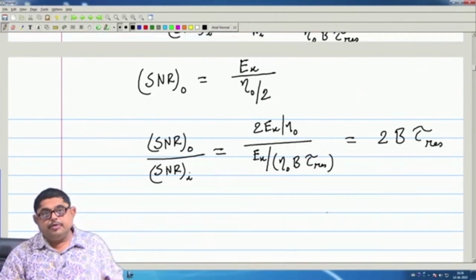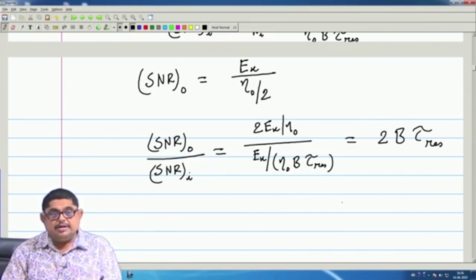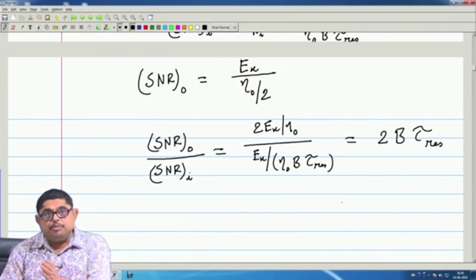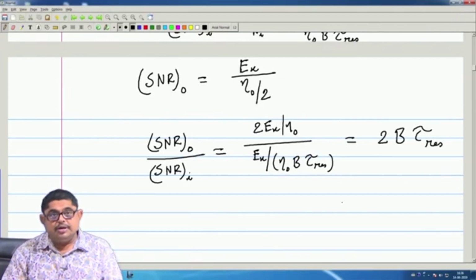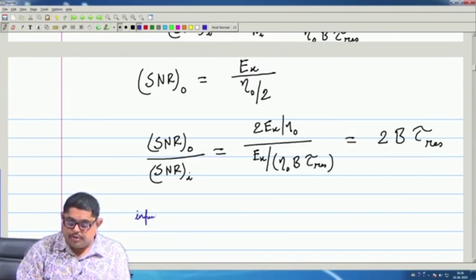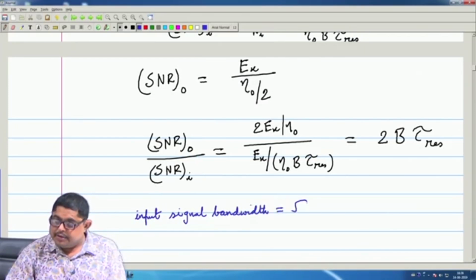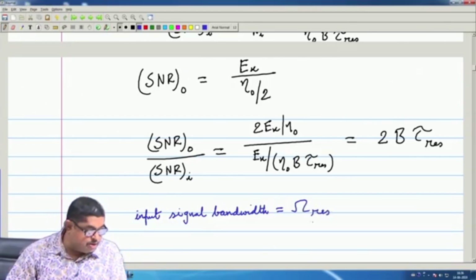Now, the input signal, if we take the signal's Doppler frequency constant as omega resolution, we can say that the input signal bandwidth we can take as omega resolution.